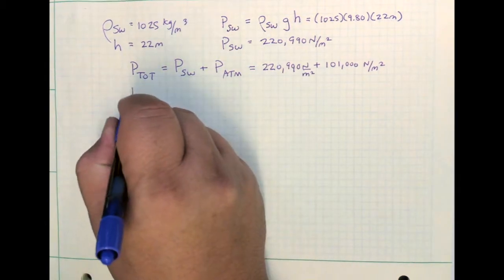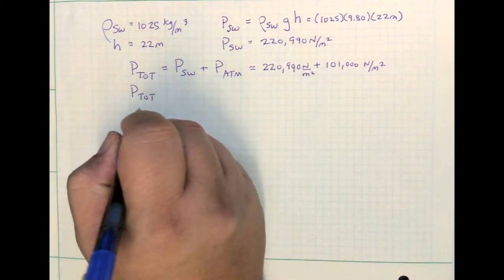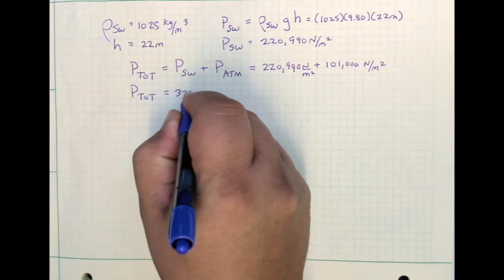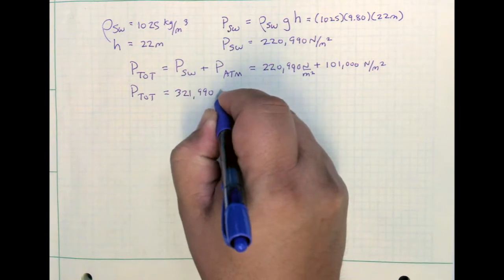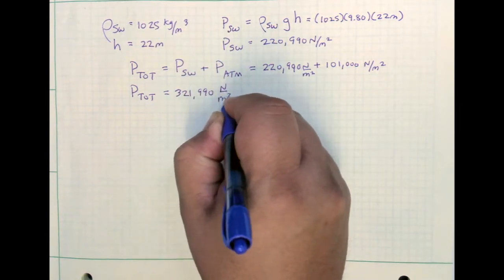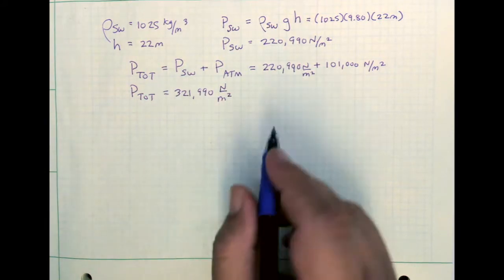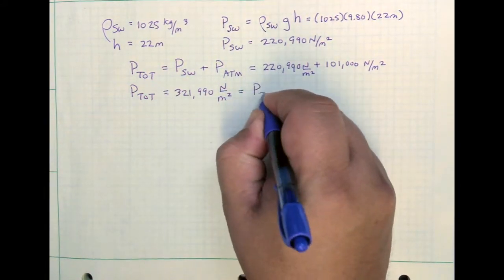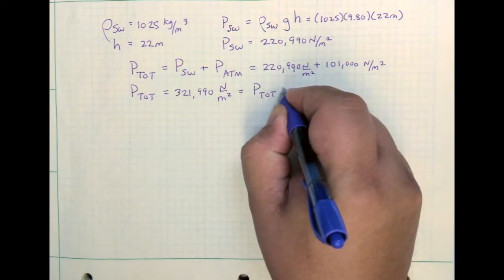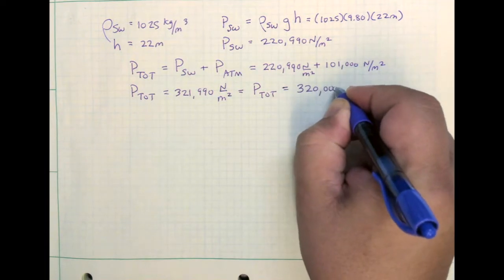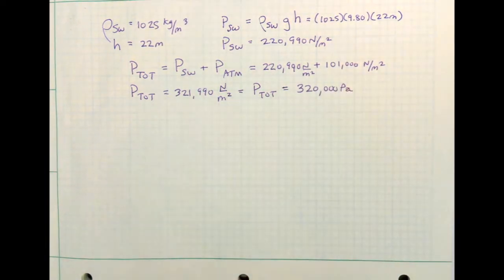This then leads us to a total pressure of 321,990 newtons per square meter, or if you prefer, 320,000 pascals, because that is the special unit for pressure. So we would report a total pressure above the tank of 320,000 pascals.